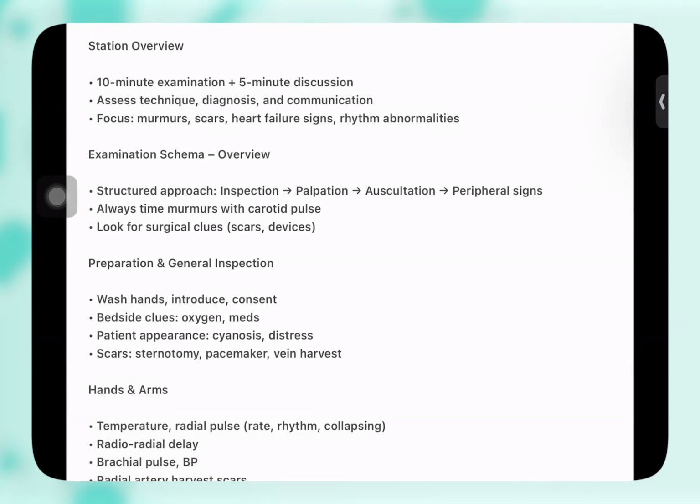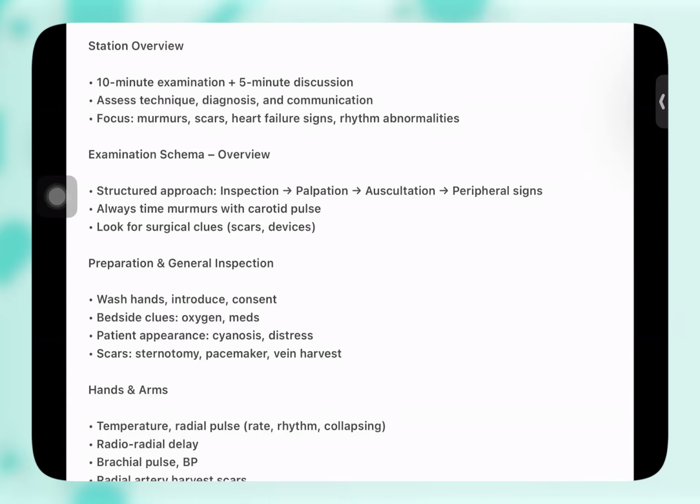It has to be very, very structured. As long as it is structured, you will never miss any vitally important step. The examiner will be impressed. That is the sole reason you are going there for an exam: you want to impress the examiner that you are fit to be qualified for MRCP.